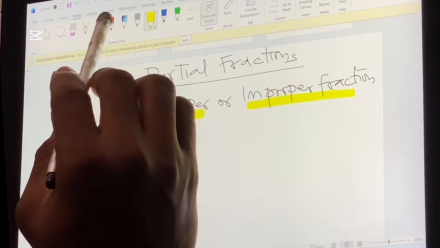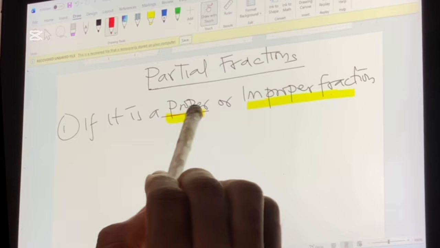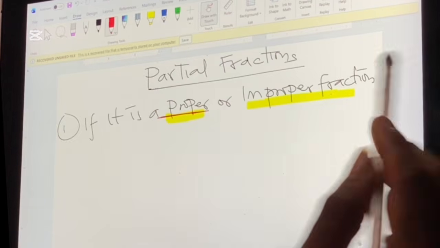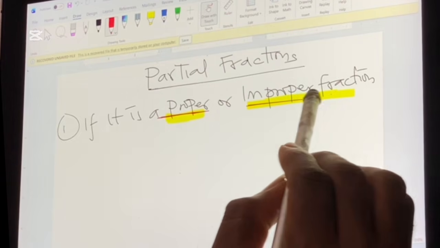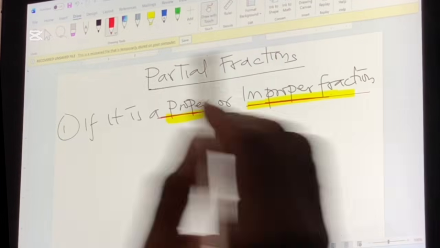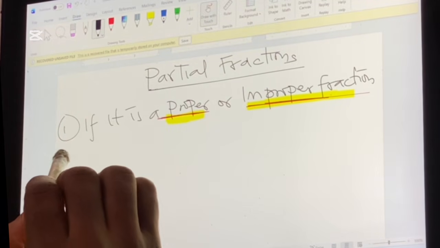We are going to know when a fraction is a proper partial fraction and when it is an improper partial fraction. Now the next thing to consider here is the factors.